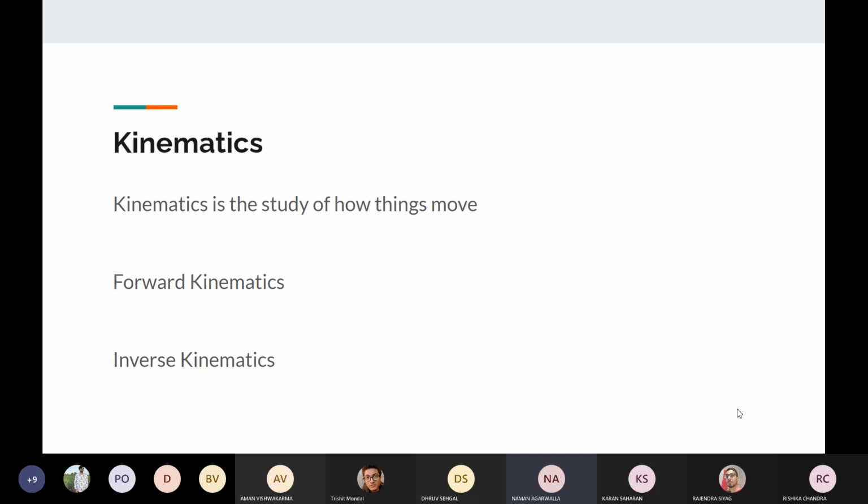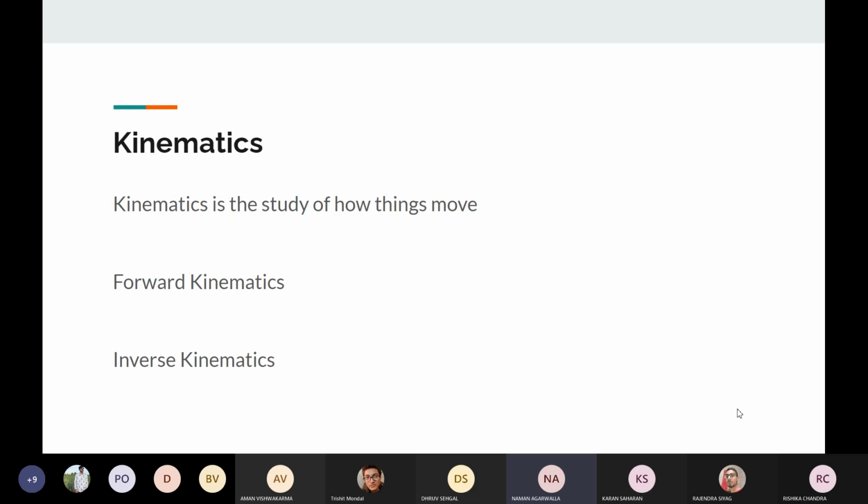Okay, so I'll take the next 10 minutes to explain kinematics. I hope everybody is familiar with this term, as we dealt with it a lot in higher secondary. Whatever I'm going to discuss next is nothing but a brush up of your already existing knowledge, with a slight add-on of how we apply it.